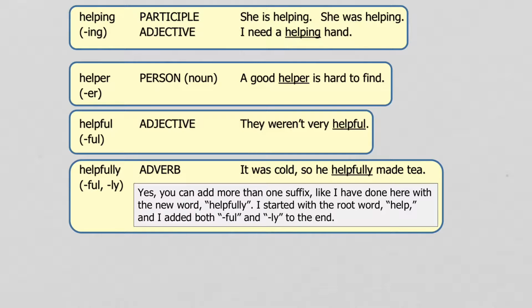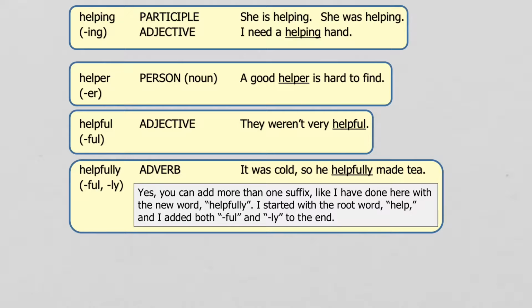Now there's two things that could happen when we add ing. The first is that we could end up with something called a participle. The second is that we could end up with an adjective. Now you won't always get an adjective, just sometimes, and it does work if we add ing to the word help. Let me show you what I mean. First of all, let's look at the participle option.